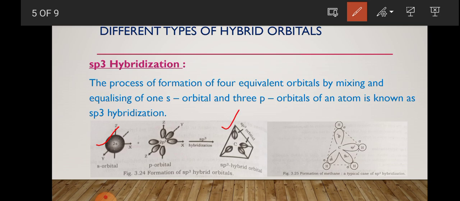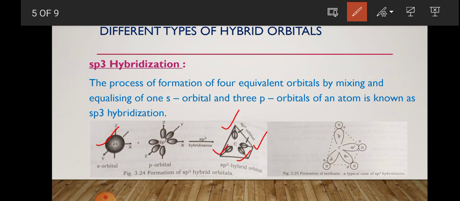I repeat it again. In the excited state of carbon, one electron of the 2s orbital enters into the 2pz orbital, and you have already known that the valence shell of carbon is the second shell.